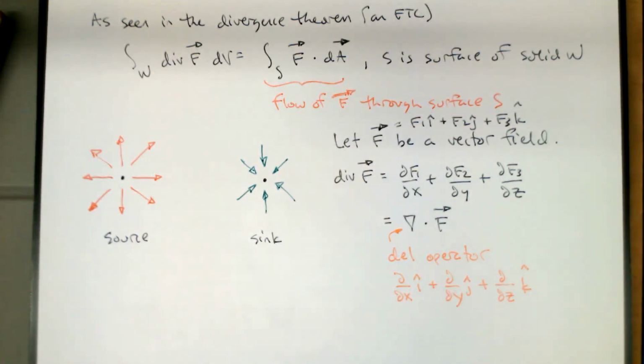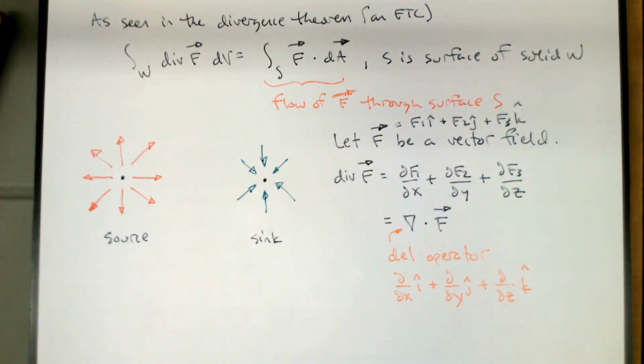So when we find the dot product, del dot F, we have the partial with respect to x of F1 plus the partial with respect to y of F2 plus the partial of F3 with respect to z.